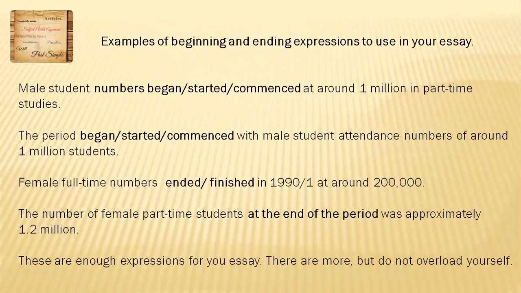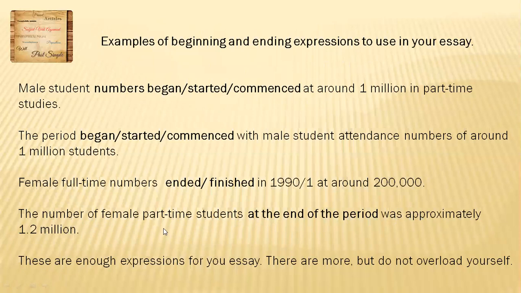Female full-time numbers finished in 1990-91 at around 200,000. So remember, in for your year, at for your number or data. The number of female part-time students at the end of the period was approximately 1.2 million.